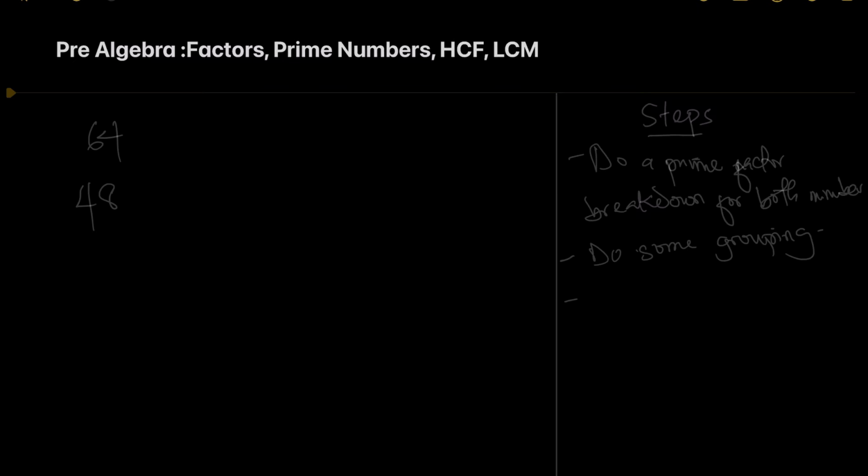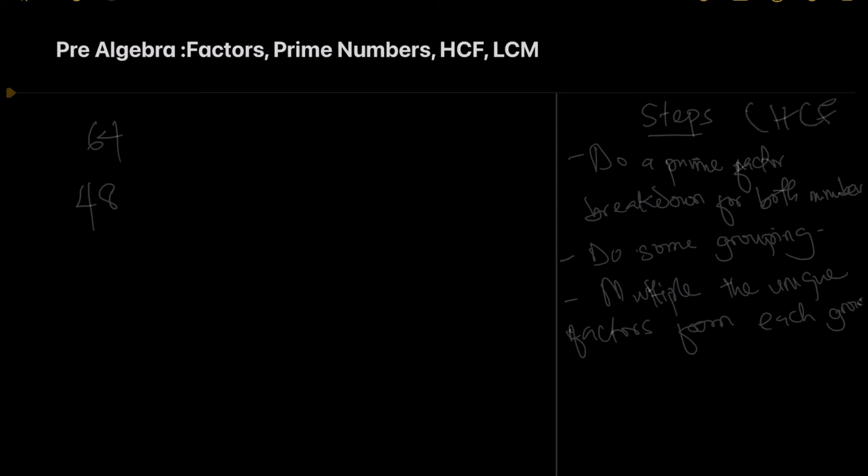And then we will multiply the unique factors from each group, right? So this is HCF, right? So yeah, let's basically kick into it, right?